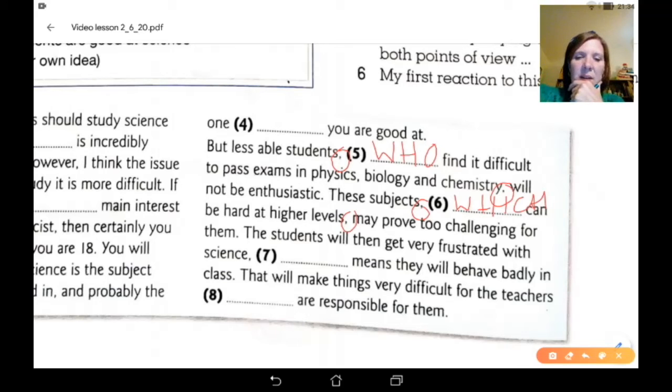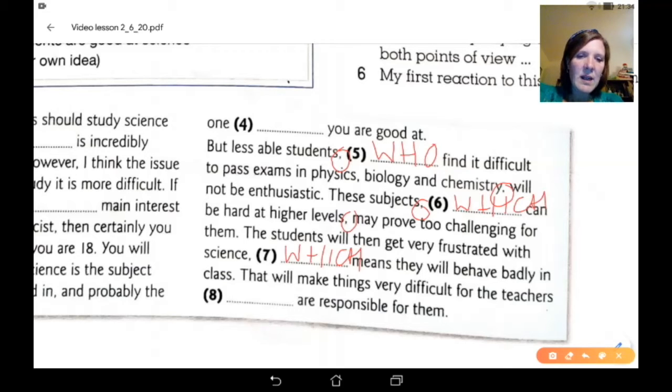And number 7, the students will then get very frustrated with science, which means they will behave badly in class. Okay, so this again, non-defining, so we can't omit it or substitute it with that.